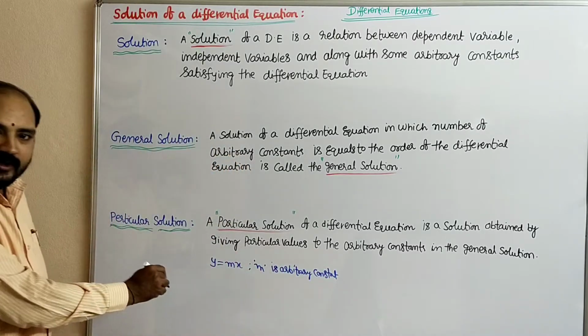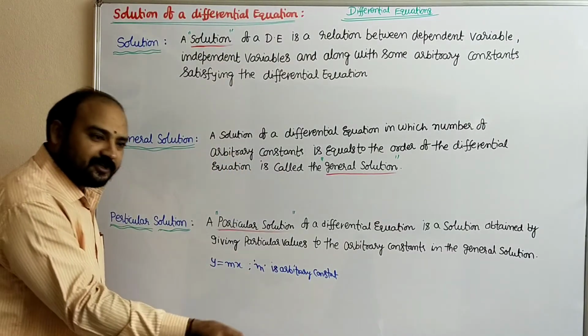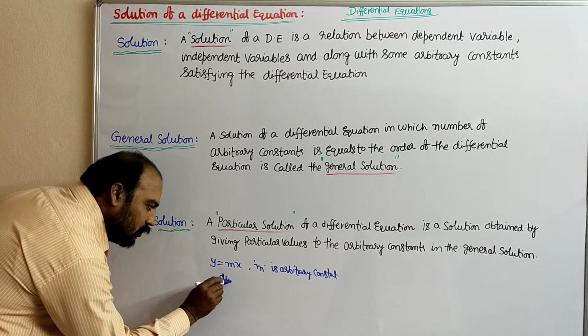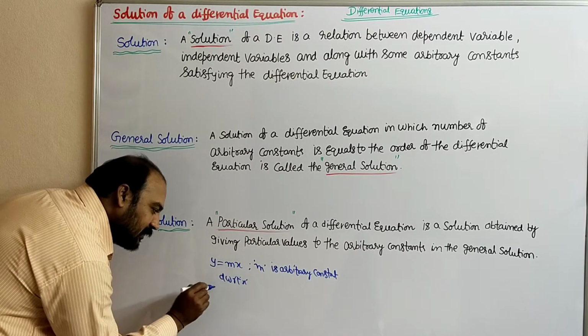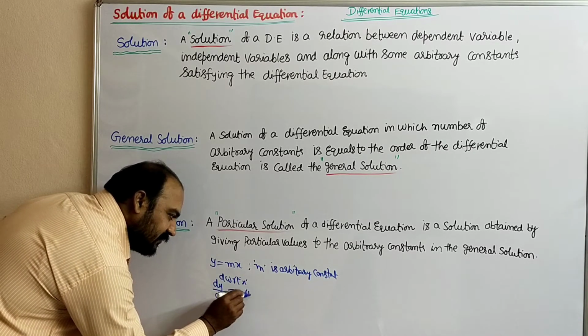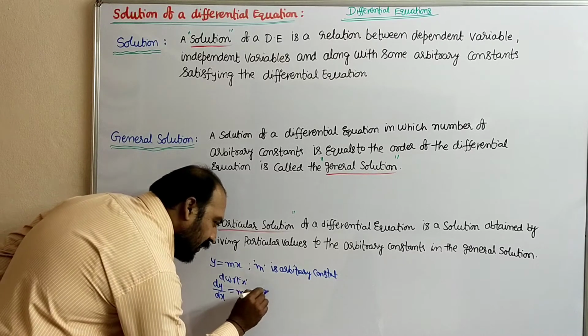It is a general solution for what differential equation? How many arbitrary constants are there? One arbitrary constant is there, so you have to differentiate one time. Differentiate with respect to x: dy by dx equals m into the derivative of x, which is 1. So m equals dy by dx.